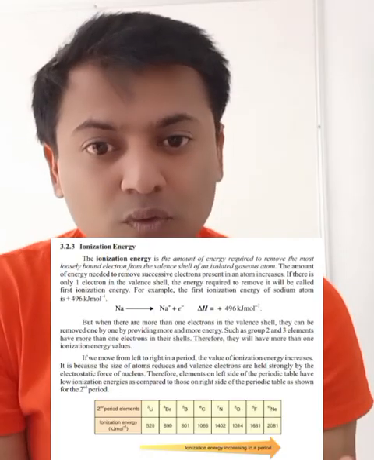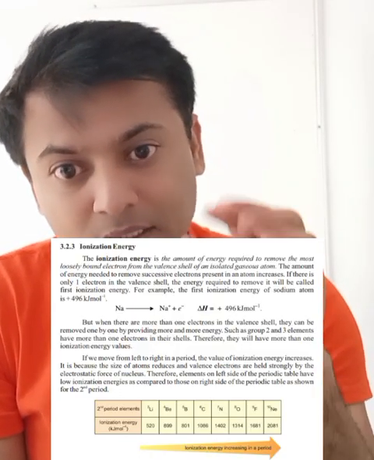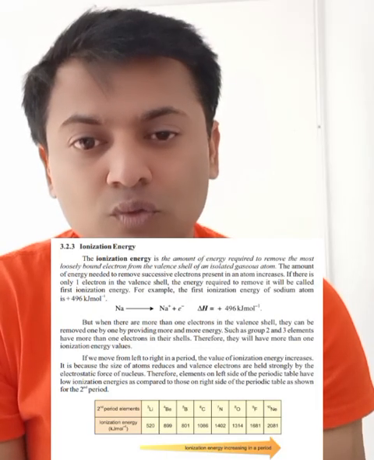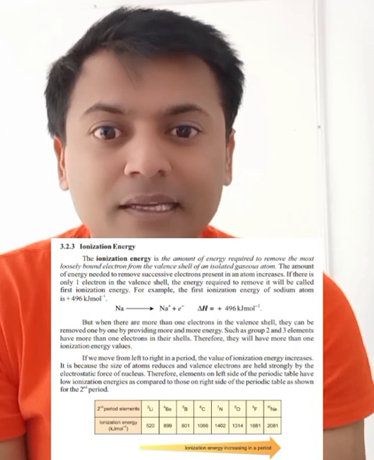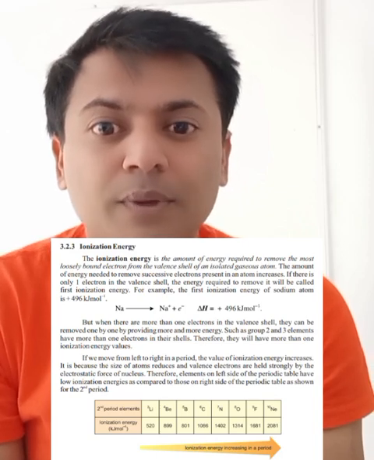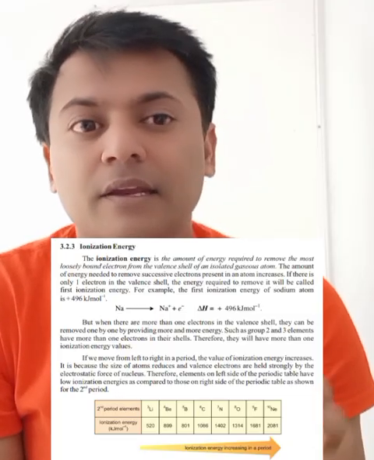In period 2, the groups are 2 and 3. Beryllium belongs to period 2 and group 2, and boron belongs to period 2 and group 3. So this is the point of exception as we mentioned before.